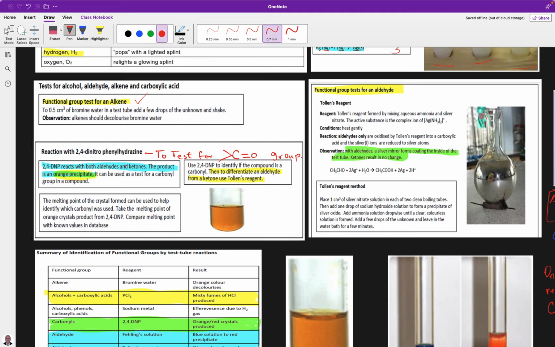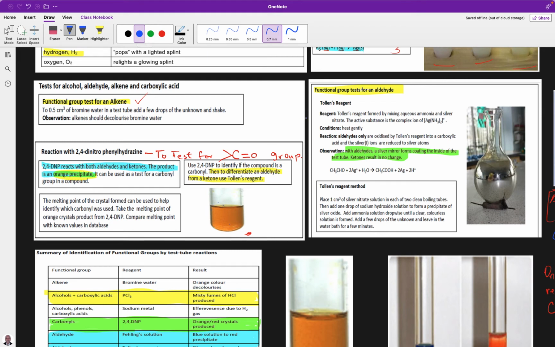In the presence of 2,4-dinitrophenylhydrazine, you can identify the presence of the carbonyl group. All compounds that contain this group will give an orange precipitate, this color you find below here.